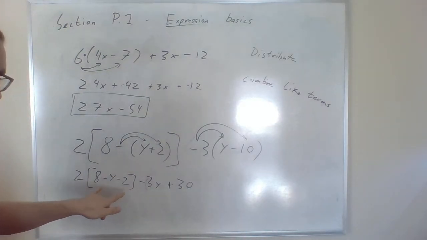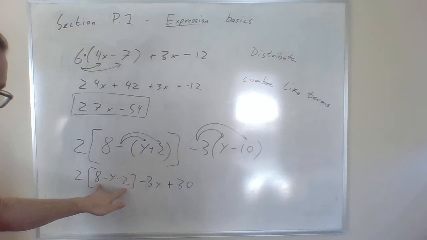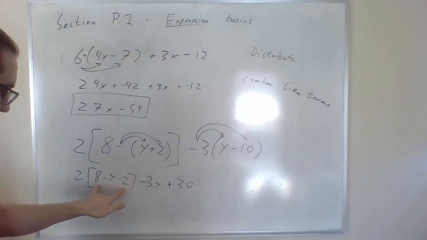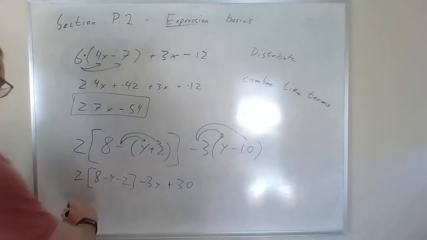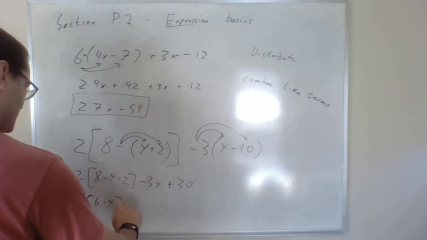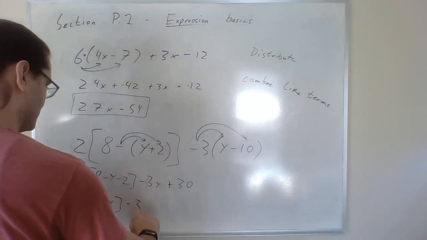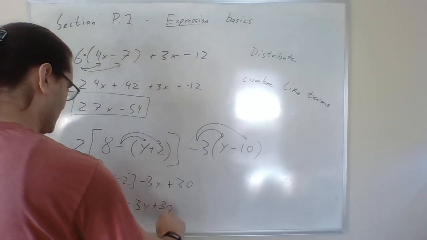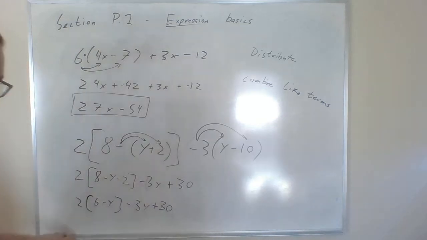So now I can combine some like terms inside of this. I have a positive 8 and a negative 2 here. So I'm going to call this 2 times positive 8, negative 2 is 6. 6 minus y minus 3y plus 30. This part hasn't changed.